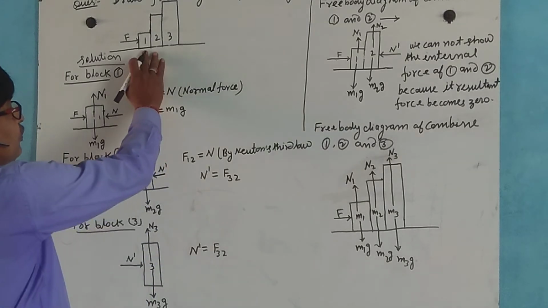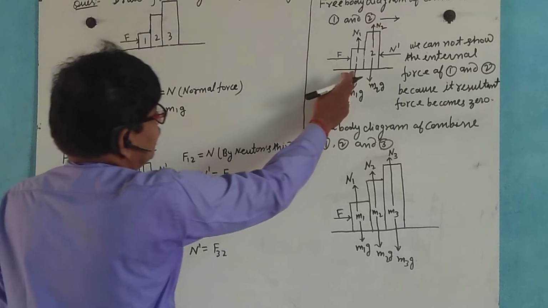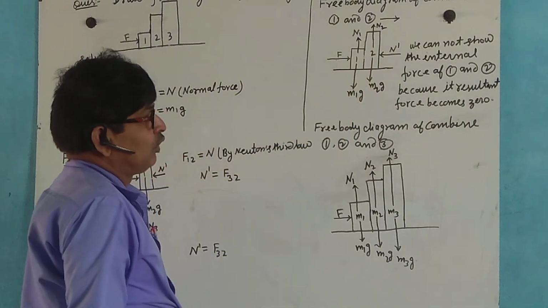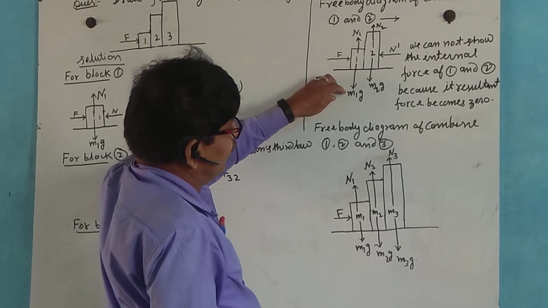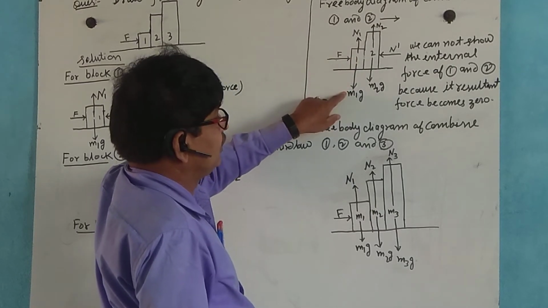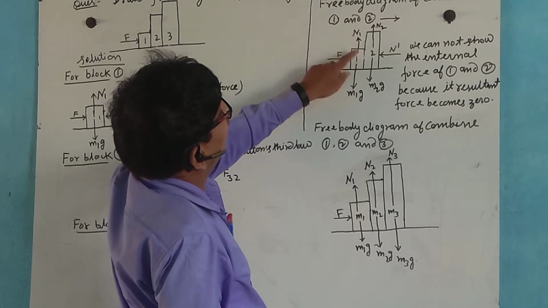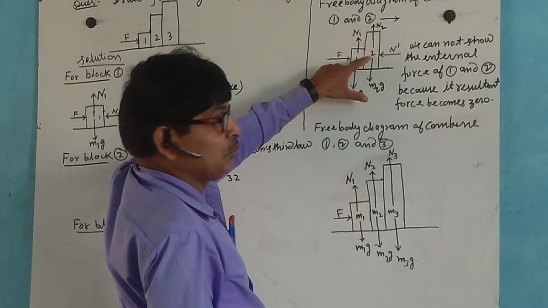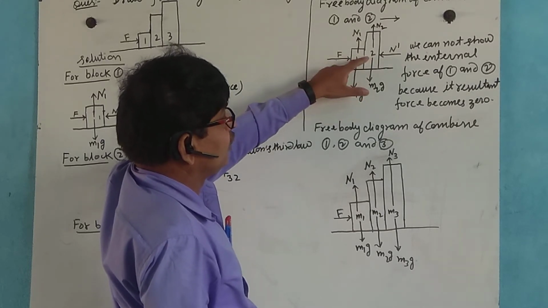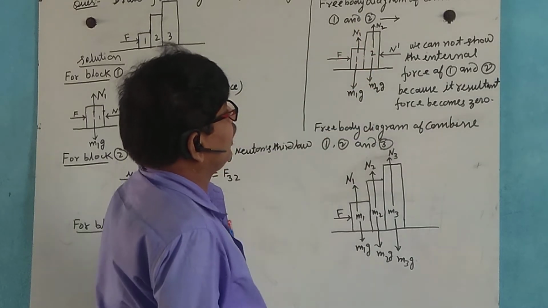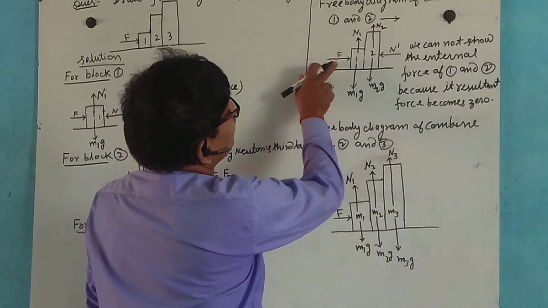Now we take the free body diagram of the combined blocks. If you take blocks 1 and 2 attached to each other, the weight acts in the downward direction, m1g, and normal force N1, and m2 acts with downward force m2g, and also a normal force upward. Here the force F is applied.